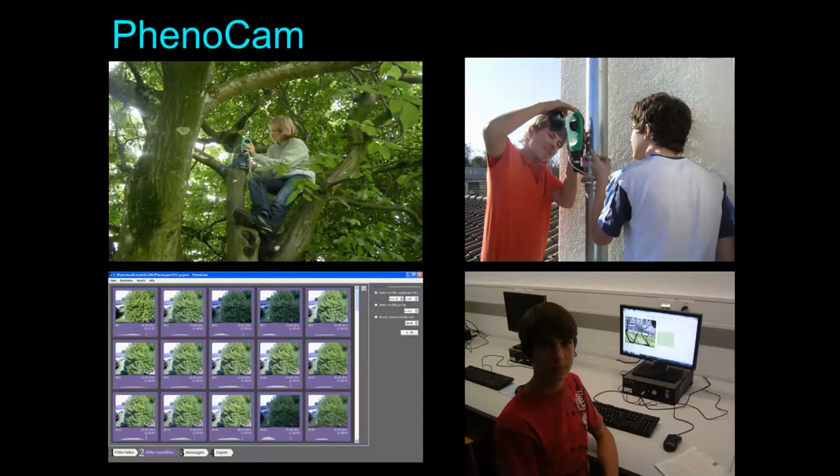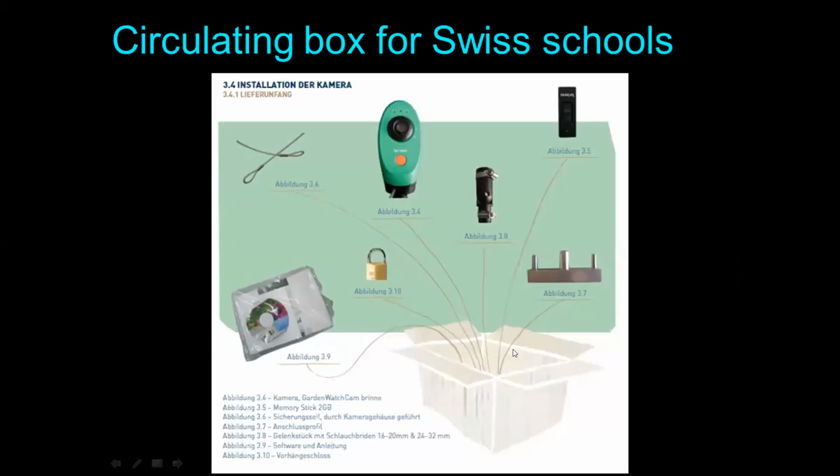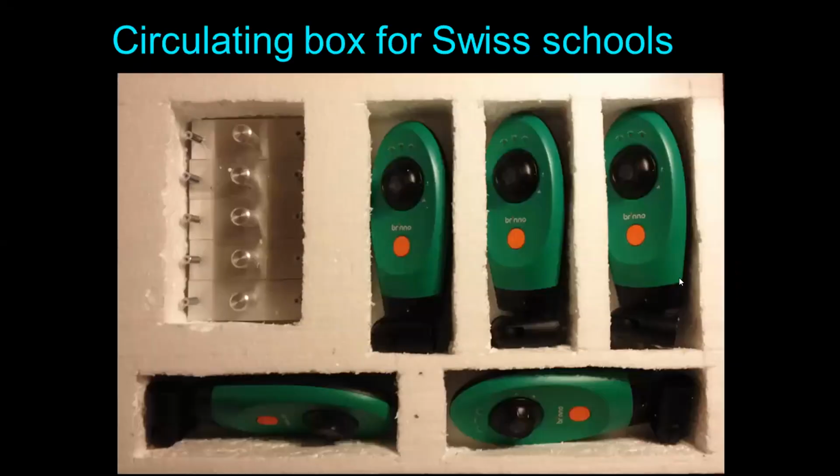And we have developed a program to analyze the colors of the pictures. So you can, for example, detect how much green it has in the pictures, and then you can make graphs with Excel, for example. So you can see my students working with this project. And we have produced boxes with the cameras we can use in Swiss schools.